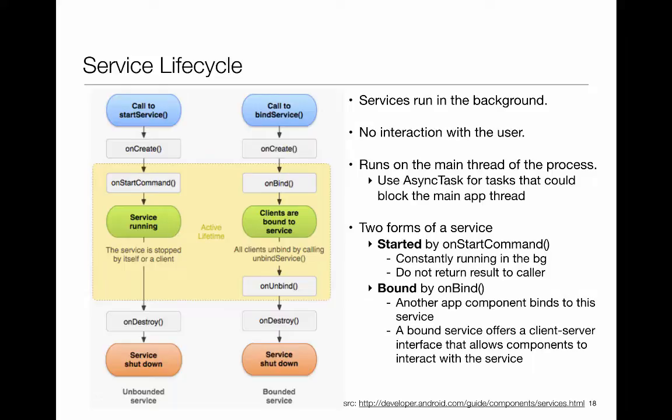The second way is more of a control fashion, called bind. Other application components like an activity, or even other applications, can bind to your service. After you bind to the service, you have a handle to it, and you can call its functions. The service can, of course, also return results back to the caller. So this is more like a client-server architecture, through binding.